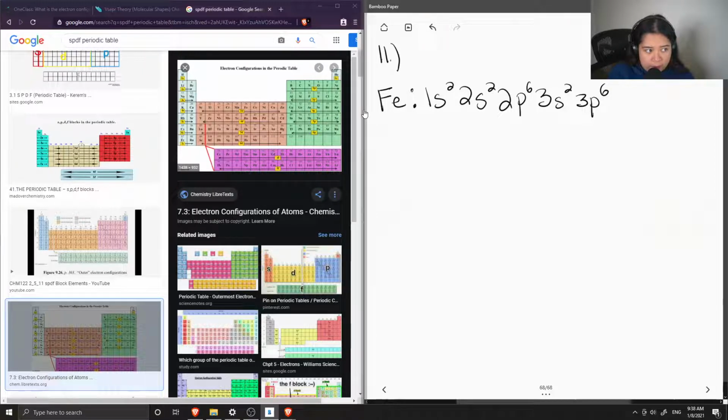So instead of doing 4s2 first, I'm just going to count up to my iron, which is 1, 2, 3, 4, 5, 6. So 3d6, and then I'm going to add my 4s2.